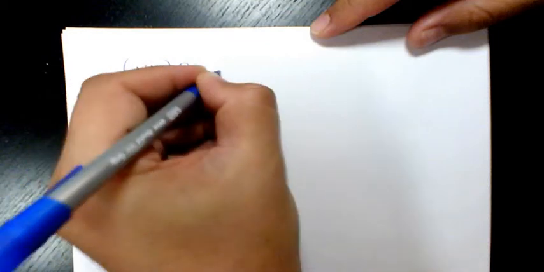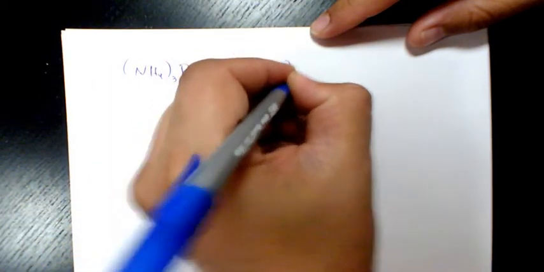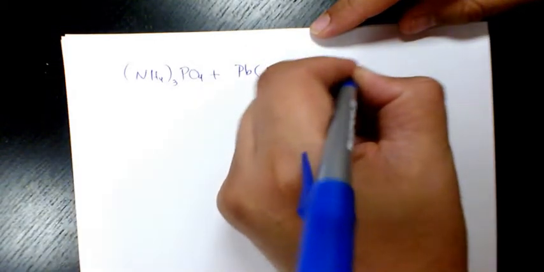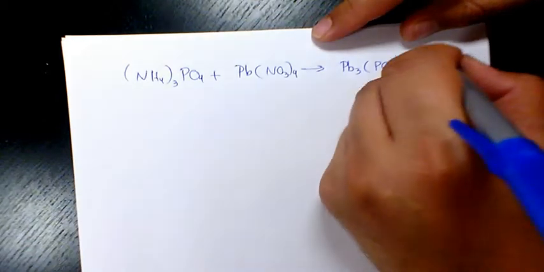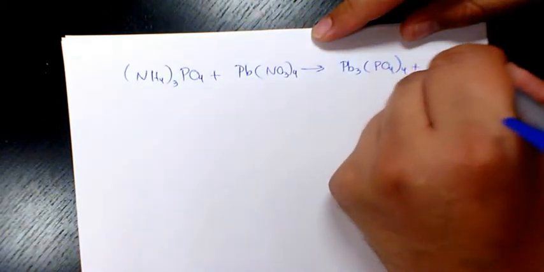Next one is (NH4)3PO4 plus Pb(NO3)4 gives us Pb3(PO4)4 plus NH4NO3.